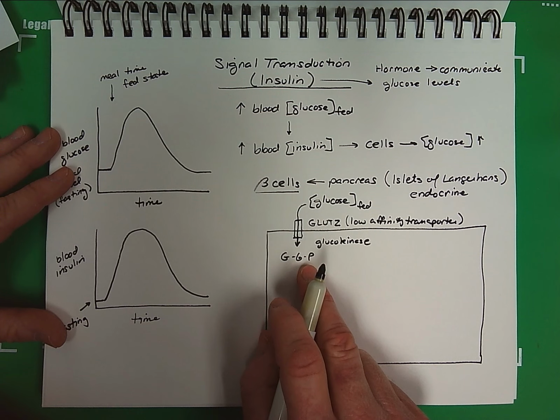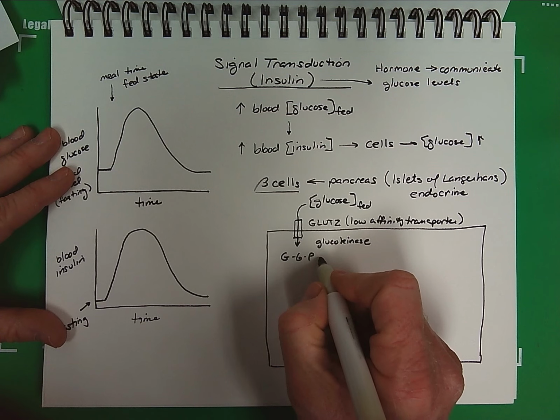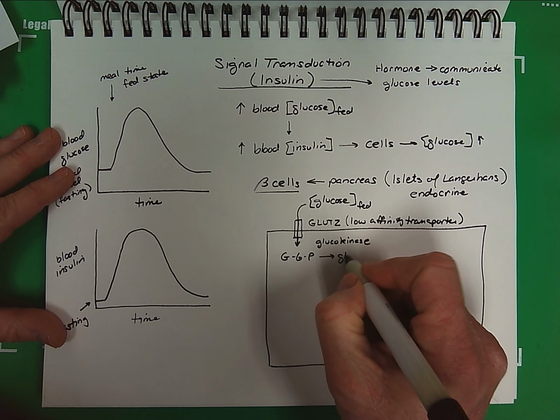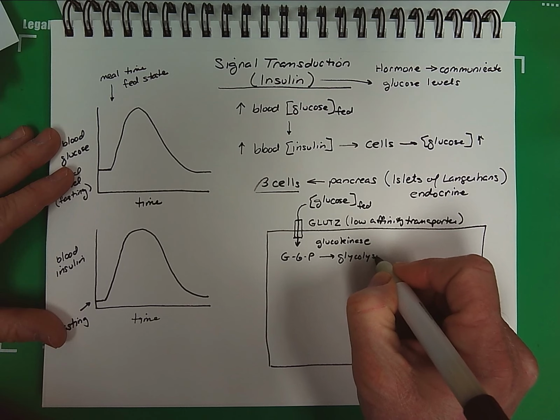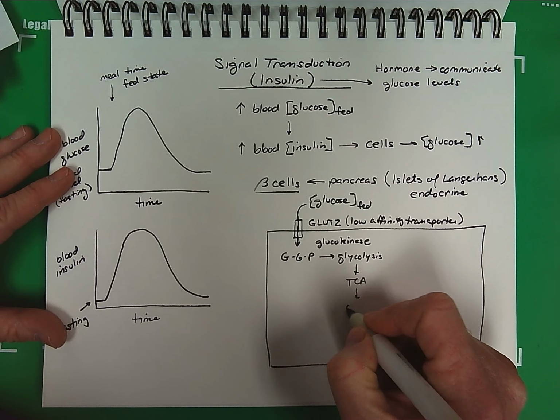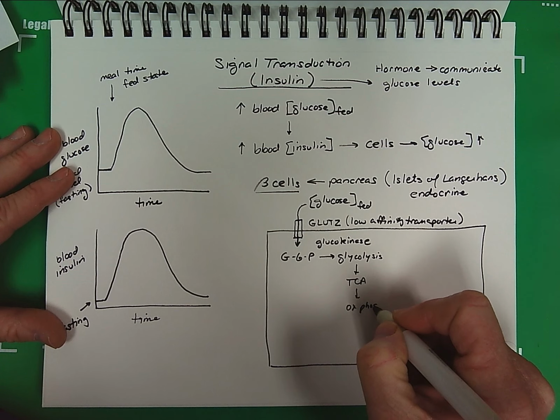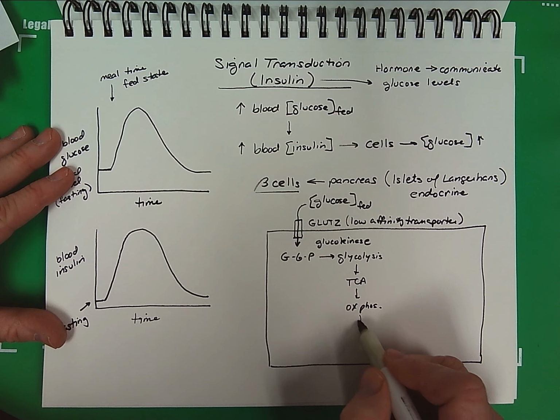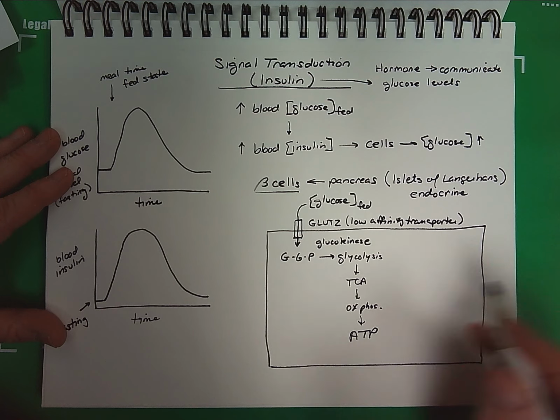Once we have our glucose 6-phosphate in the cell, this will be processed by glycolysis, the TCA cycle, oxidative phosphorylation, and the end product that we are generating is a large amount of ATP.